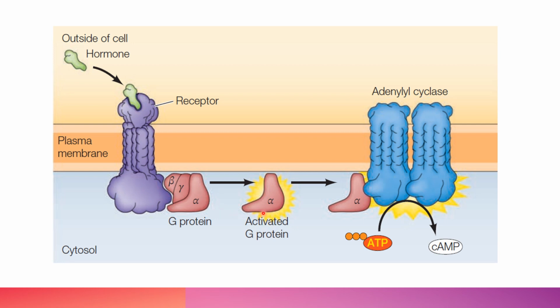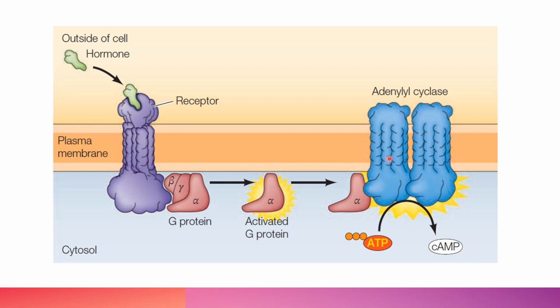So this is the activated G protein, and once activated, it activates another enzyme. You can see that it's again bound. We can say that it traverses the plasma membrane, similar to the GPCR receptor. So this is adenylyl cyclase. Its function is that it catalyzes the formation of cyclic adenosine monophosphate. That's very important.